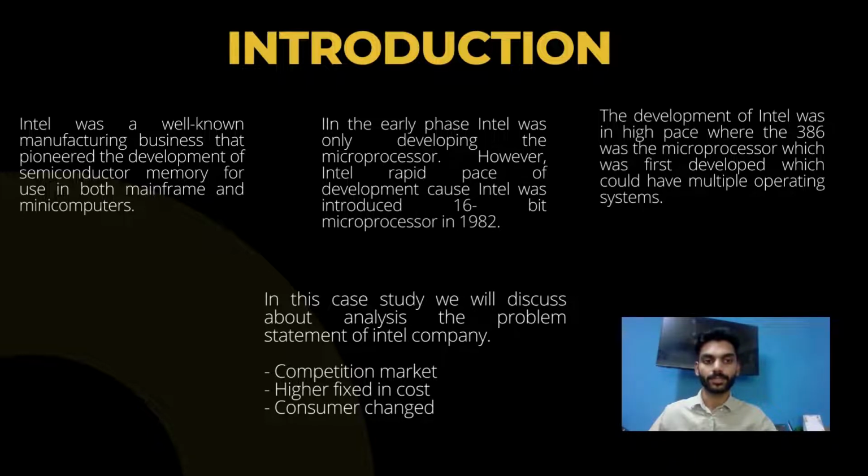The development of Intel was in a high phase, where the 386 was the first microprocessor that could have multiple operating systems. So, in this case study, we will analyze the problem statements of Intel company.